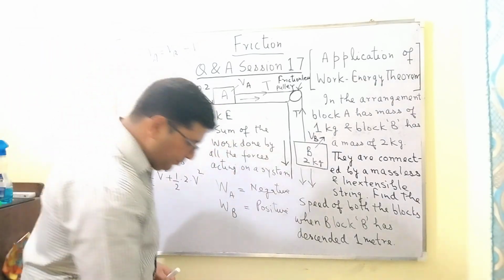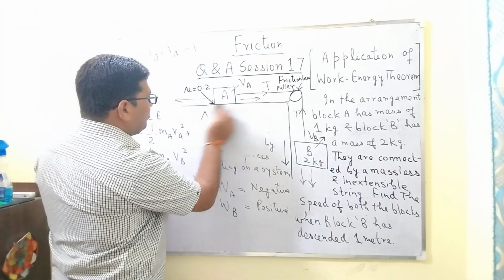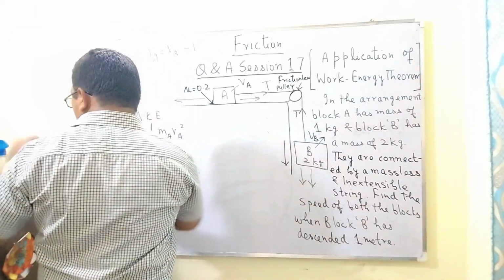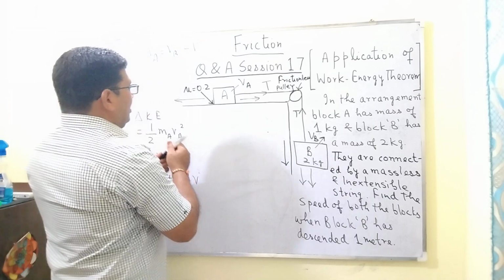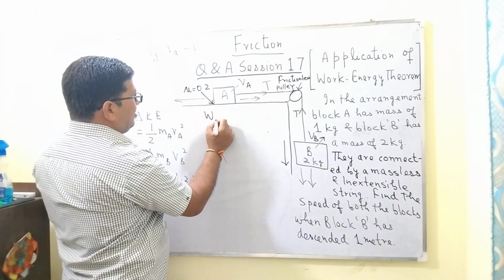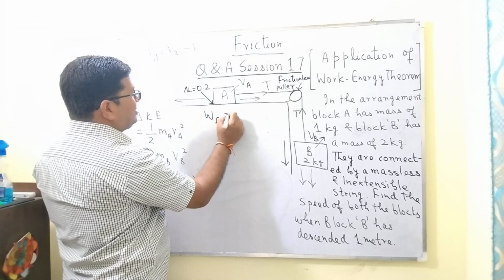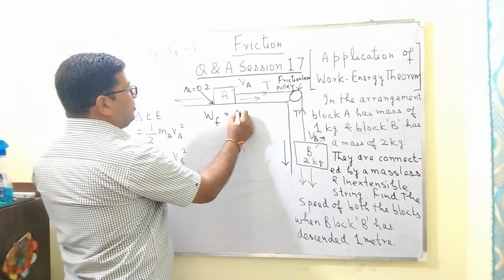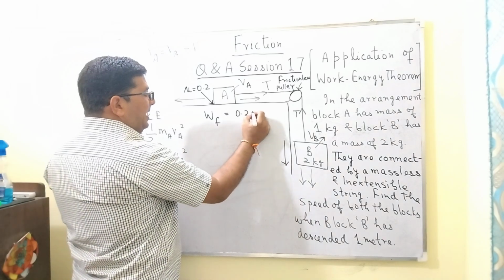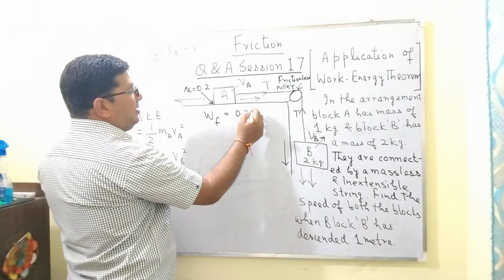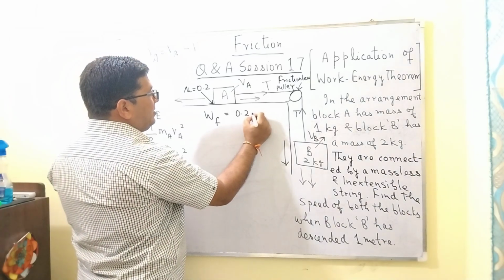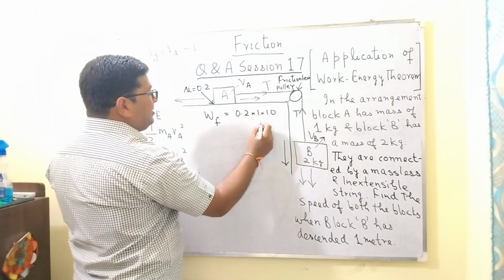Now the work done due to this frictional force, let us say I am just denoting it as WF, will be equal to mu into N. N is equal to mg, and here m is equal to 1 and g is equal to 10.